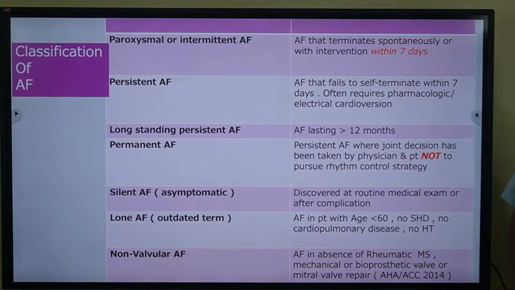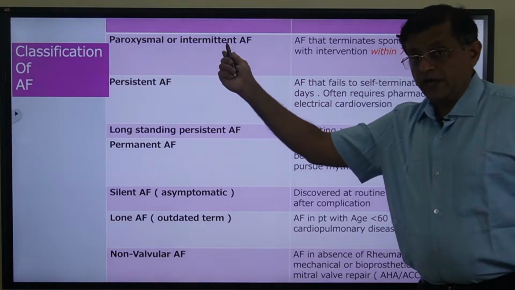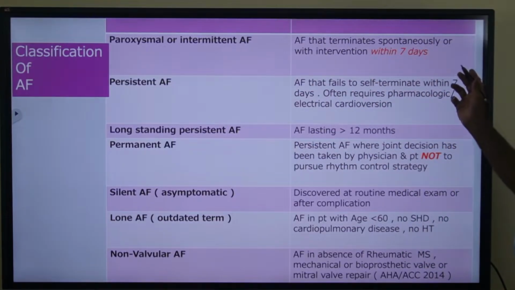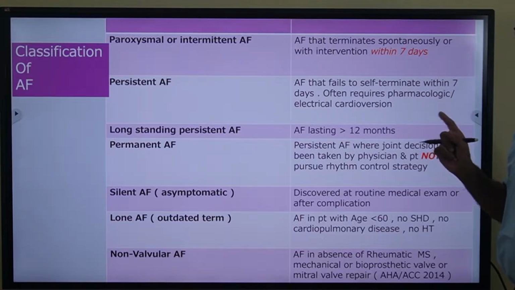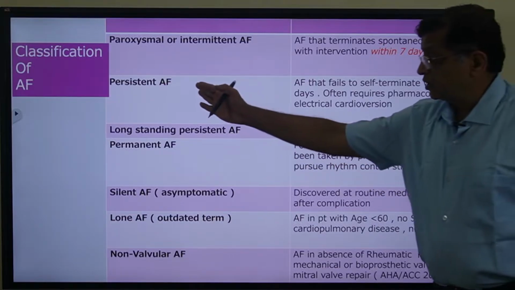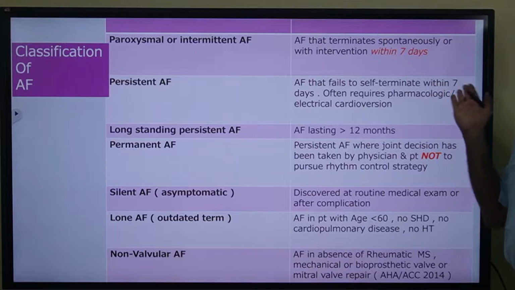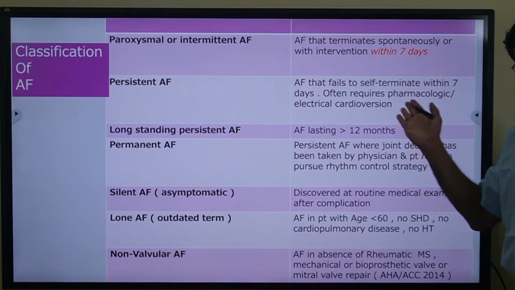Some terms that we have to be accustomed to in atrial fibrillation. Paroxysmal or intermittent AF is atrial fibrillation that terminates spontaneously, with or without intervention, in less than 7 days. Persistent AF fails to self-terminate within 7 days, and often requires pharmacological or electric cardioversion.